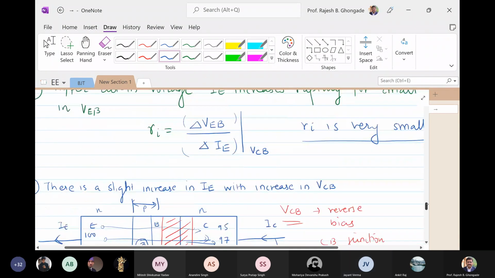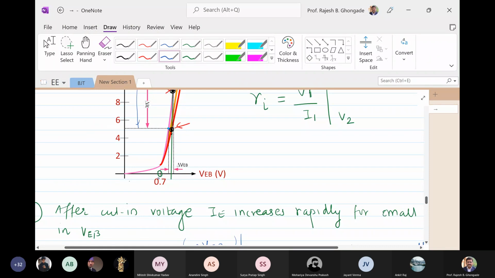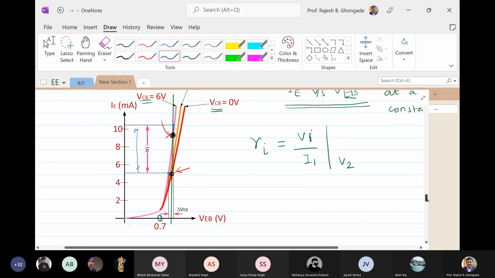अभी देखो, I इक्वल टू 0 कब होता है? When will IE be equal to 0? When your VEB is below this. VEB स्मॉल है या फिर लेस देन 0.7 है, इसका मतलब वो एमिटर बेस जंक्शन फॉरवर्ड बायस है या रिवर्स बायस्ड है?